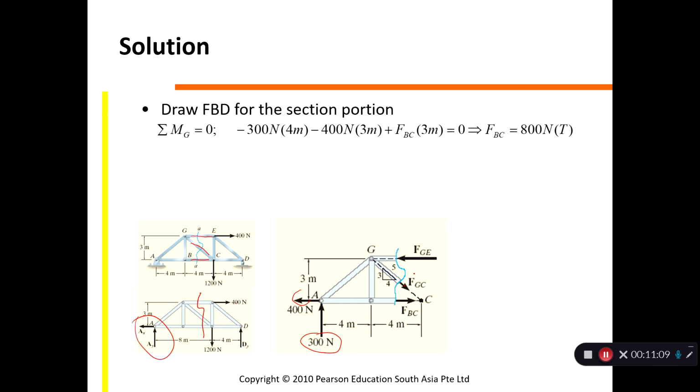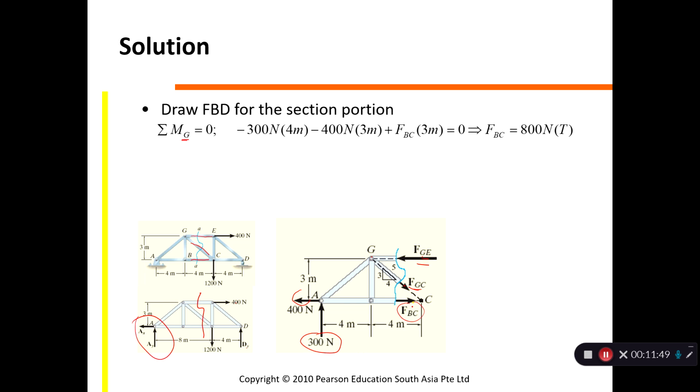However, you can typically assume the direction is going in tension. So the easiest thing to do is to solve for one of the member forces. I choose to solve it as moment about point G, because these two forces are going into or out of point G. So if you solve the moment here, then you can ignore these two forces.